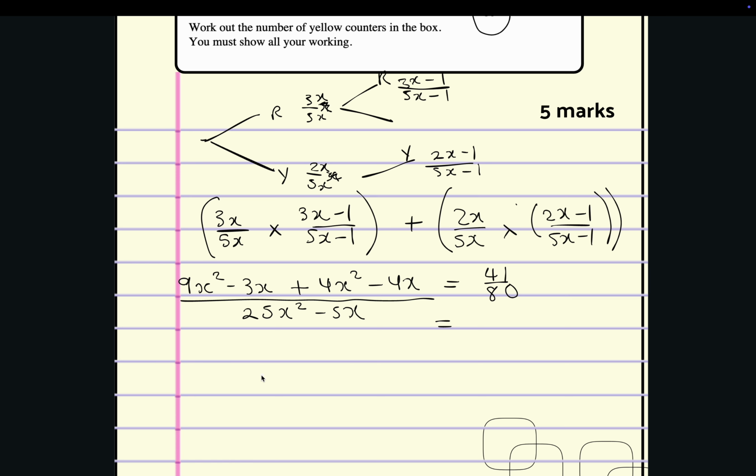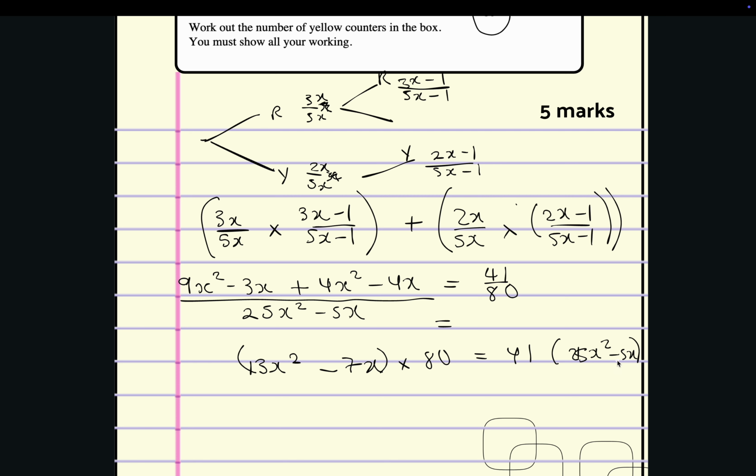So 9 plus that, so it's going to be 13x squared minus 7x times by 80 is equal to 41 times by 25x squared minus 5x. Okay, tricky.